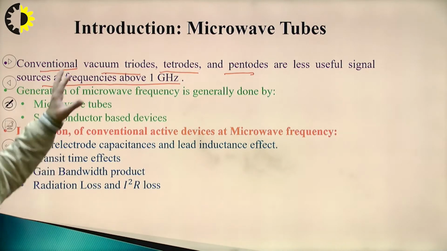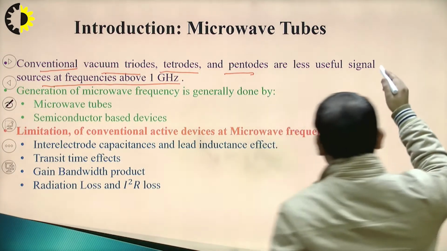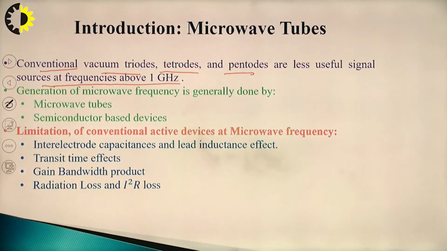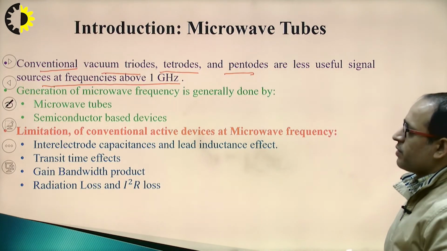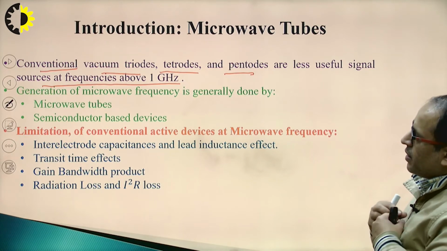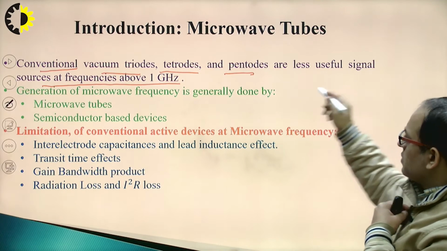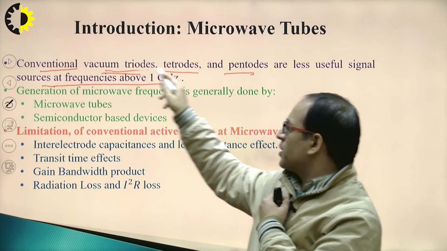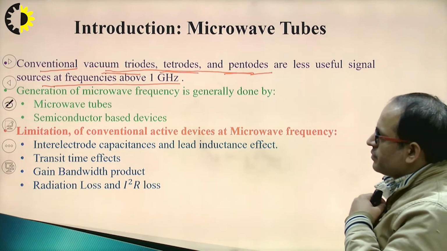This means these cannot be used as microwave generators. These vacuum tubes cannot generate signals above the 1 GHz frequency.